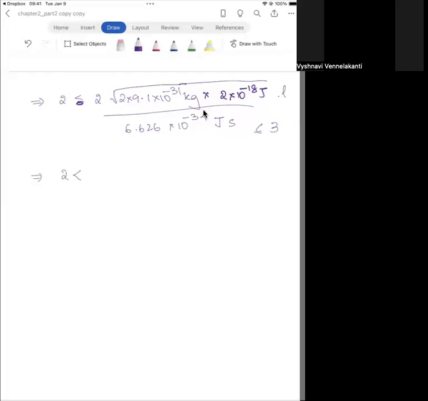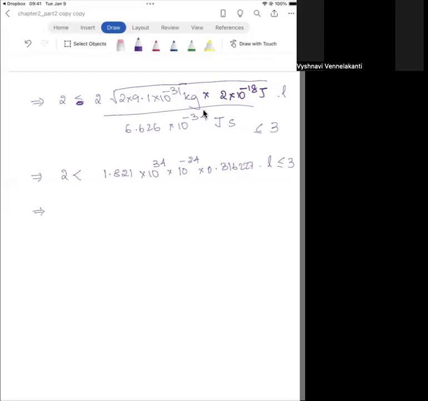That will be 2 less than 1.821 times 10 to the power 34 times.